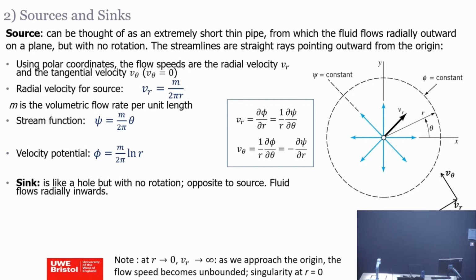So VR will be minus m over 2 pi r, with minuses in front of psi and phi, and that's your sink. If you understand the source, the sink is just the exact opposite. So obviously I won't go through that. These are the psi and phi for a sink.